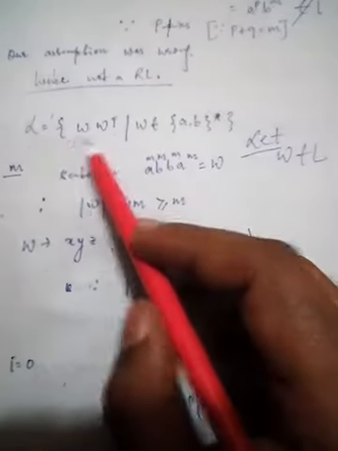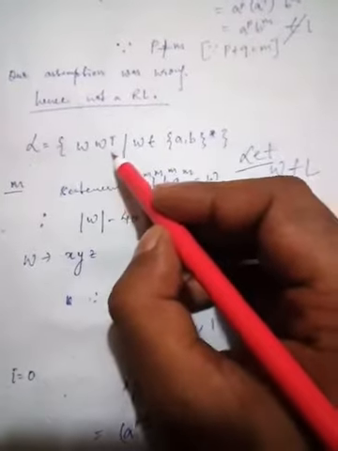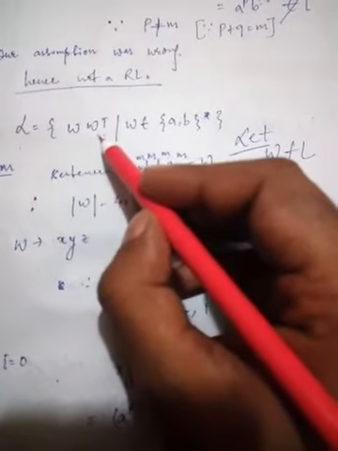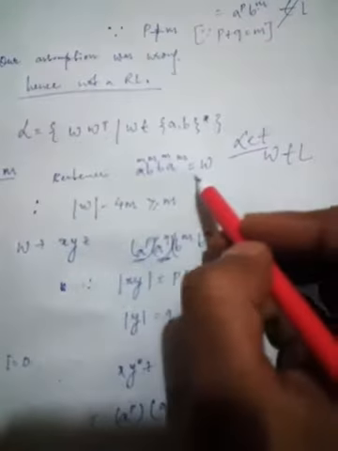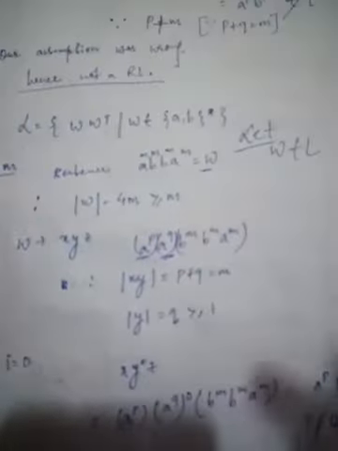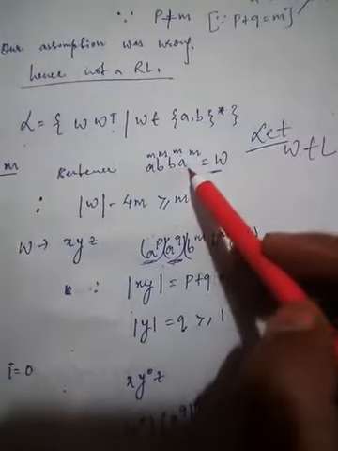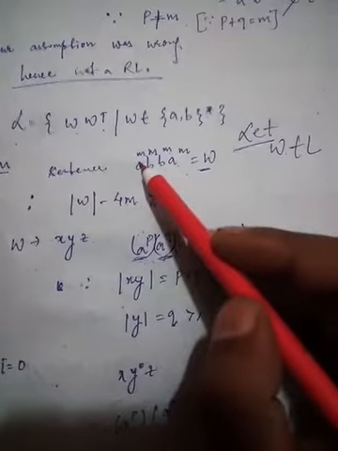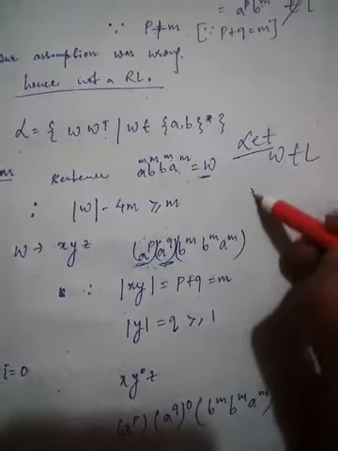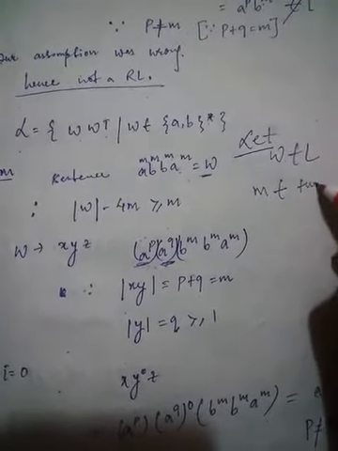Here we have an even palindrome language, W and W reverse. Let's take a sentence from it, that will be W, as I have told you. So W will be a to the m, b to the m, b to the m, a to the m, where m is a positive integer.